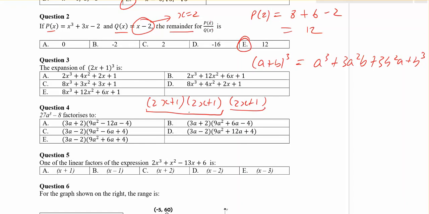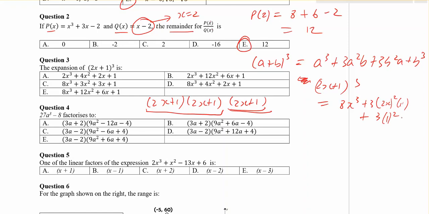So I can, because I know 2x plus 1 cubed equals the first term cubed, which is 2 cubed is 8, x cubed. Then 3 times the first term squared, so a squared. We have 2x squared times 1 plus 3 times the second term squared, 1 squared times 2x, and then b cubed, so 1 cubed, just 1.